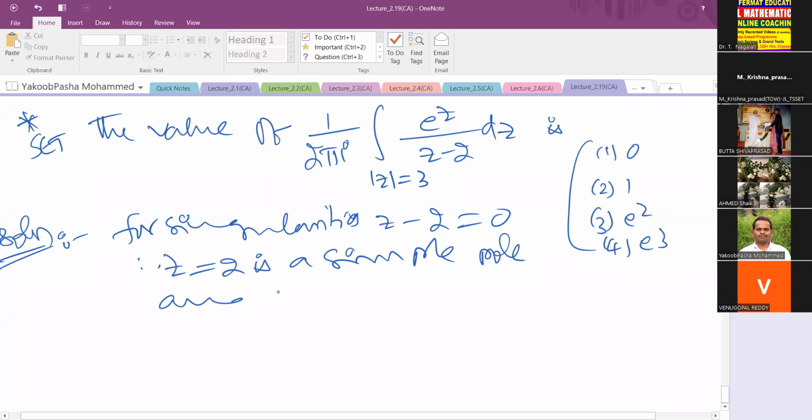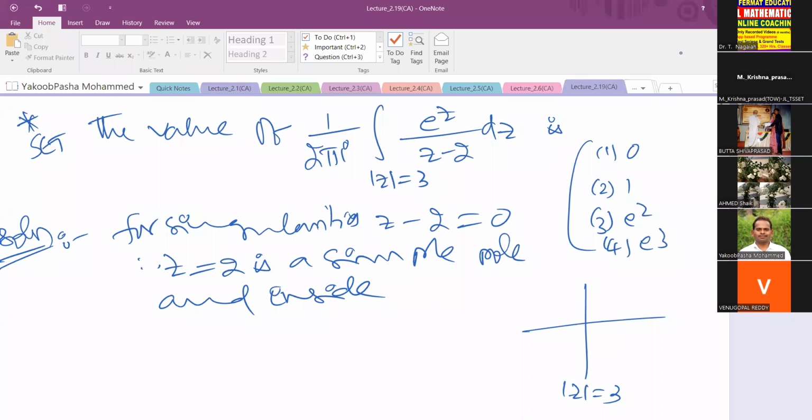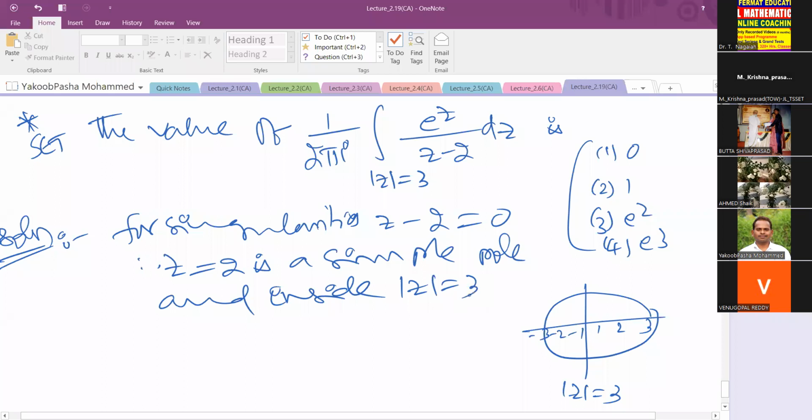And inside C. C is the circle modulus of z is equal to 3, a circle of radius 3 units. First unit, second unit, third unit. So z is equal to 2 is inside the circle, inside modulus of z is equal to 3.